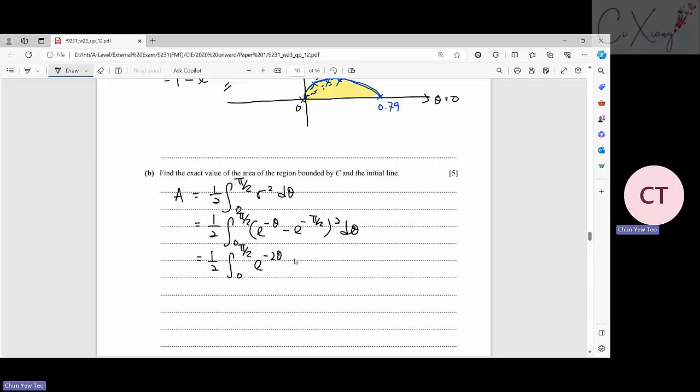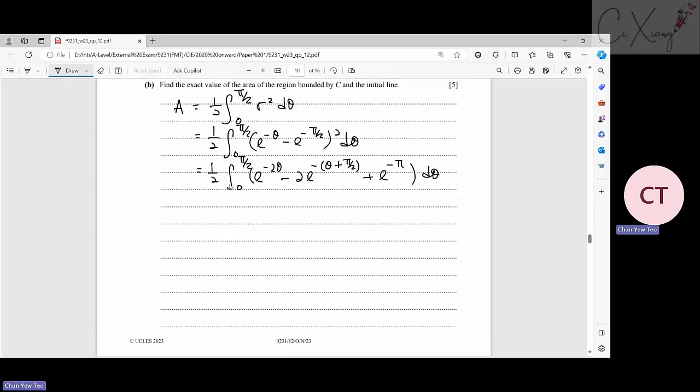Negative 2 theta, minus the e to the power of negative theta plus pi over 2, plus the e to the power of negative pi, d theta. Okay, so this is what the expansion is. Now just integrate them one by one.